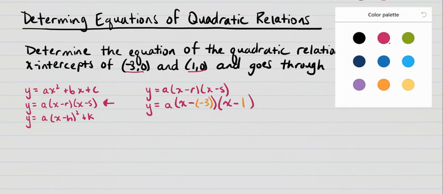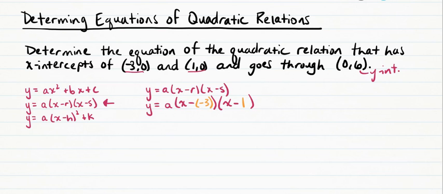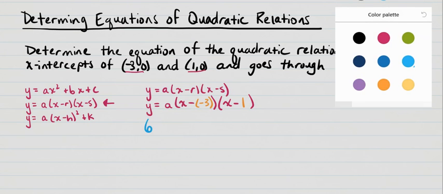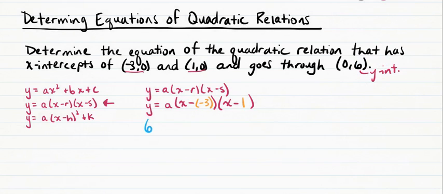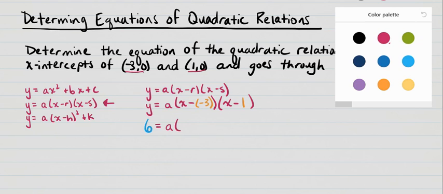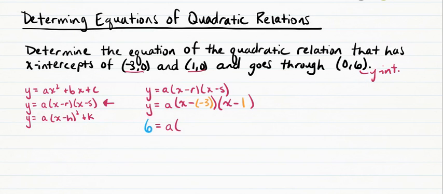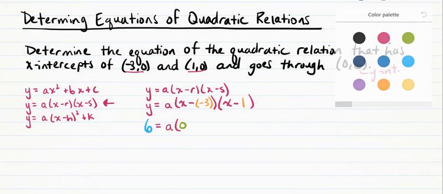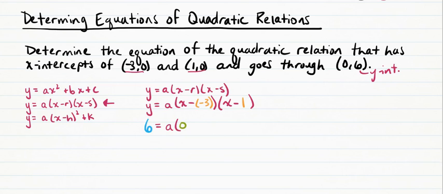So let's substitute in the point 0, 6 for x and y. So y is the value of 6, equals a times x minus -3. Sorry, hold on. Let's back up a minute. We're going to substitute in the x value as well. So the x value is 0 from this point, 0, 6. But this x minus -3, we can write as x plus 3, so 0 plus 3.